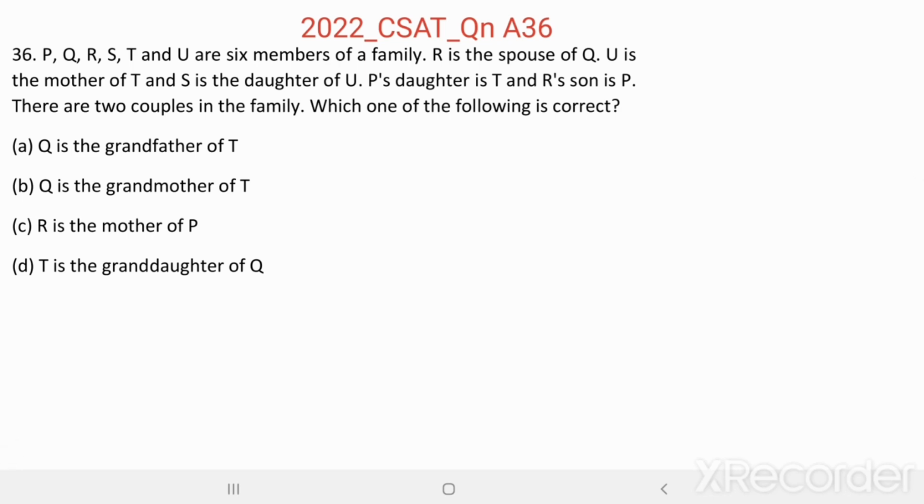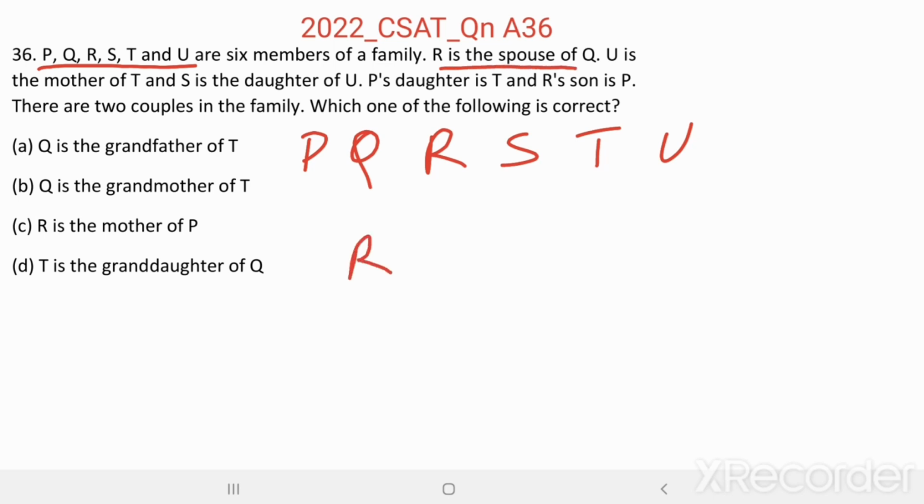There are 6 members in a family: P, Q, R, S, T, U. R is the spouse of Q. I am representing spouse with a cross mark.